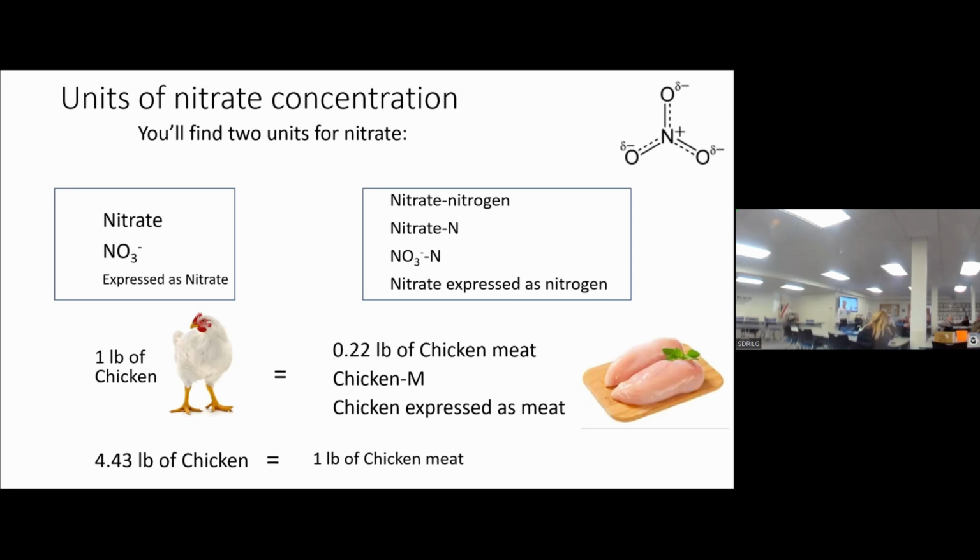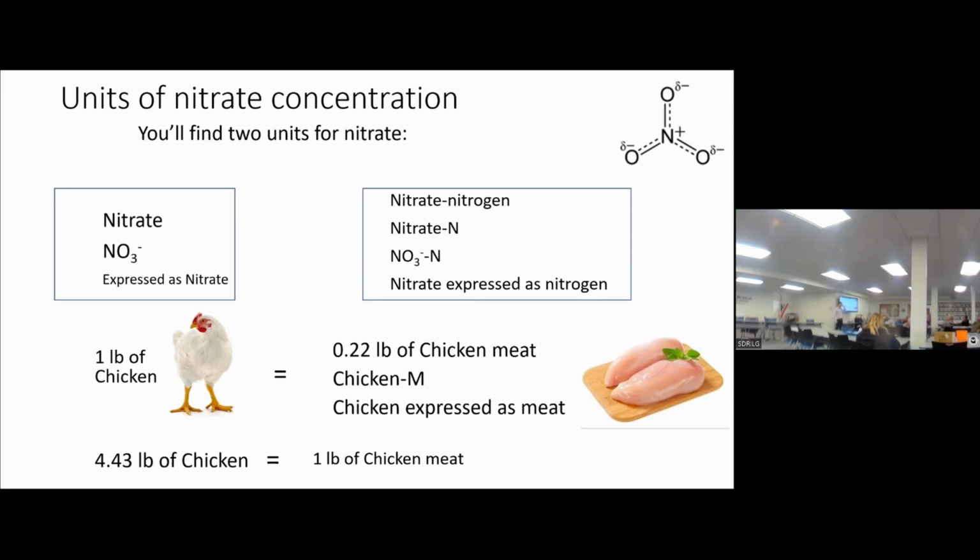This is a stupid joke that I keep in my head to keep things straight. When I see N, since N is kind of similar to meat, I say, okay, they're talking about as nitrogen, the essential part of it, not the whole thing. And so, all things being equal, these units will be smaller than this.